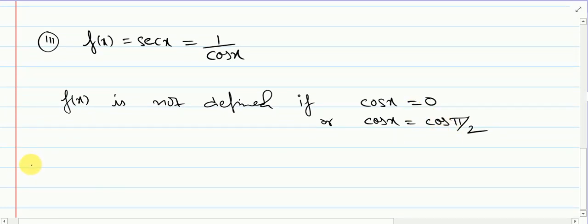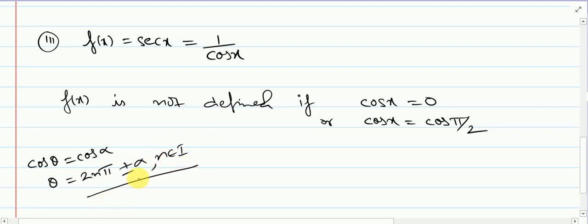Now in class 11 we had learned that if we have cos theta is equal to cos alpha, then theta will be 2n pi plus minus alpha, where n belongs to integer. So in the next step we can write x is equal to 2n pi plus minus pi by 2, where n belongs to integer.